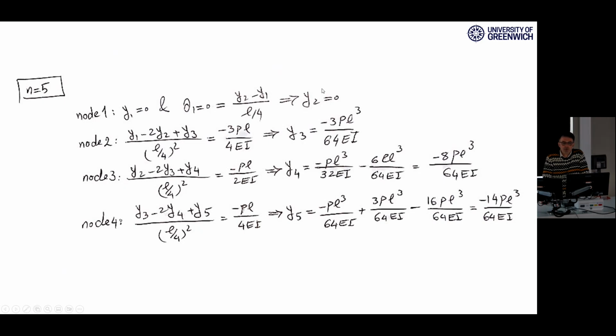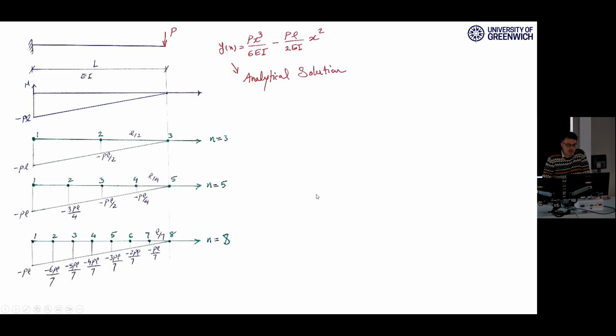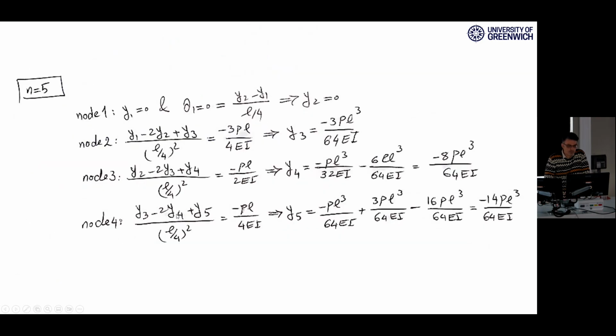If you draw the deflection for n equal to 5, it would be 0, 0, 0, still 0 here. Okay, it would get something, something, something, gets to here. What is the y5 deflection?